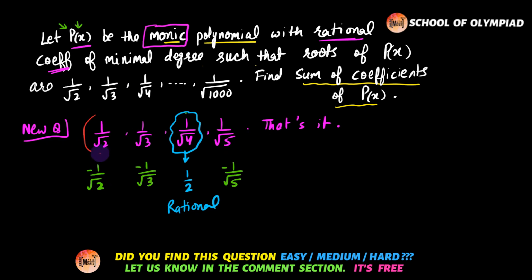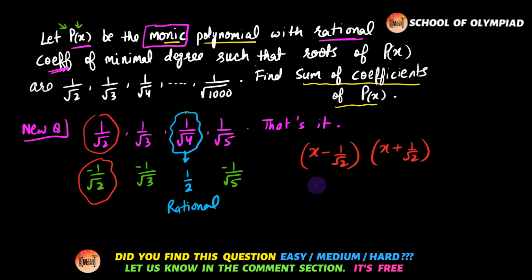Hence we can say that 1 by root 2 and minus 1 by root 2, since both are roots, will give a factor. Similarly for the others, and it implies that x squared minus 1 by 2 will be a factor of P(x).